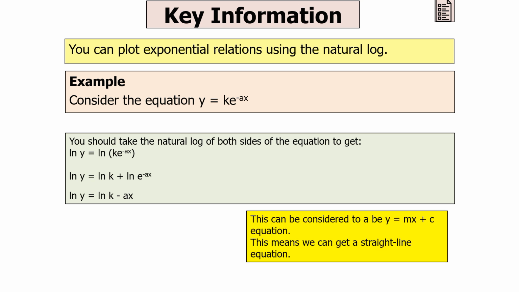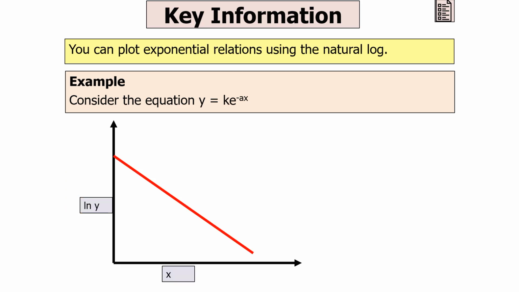This is like a y equals mx plus c equation. So that means we'll get a straight line equation, and that means y is natural log y, c is going to be natural log k, m is going to be minus a, and x is going to be x. So if we plot natural log y on the y axis and x on the x axis, we can therefore get the following straight line graph. Now the gradient is going to be equal to the negative of a, so it's going to be the negative of the power term in the original equation, which is multiplied by the x term.